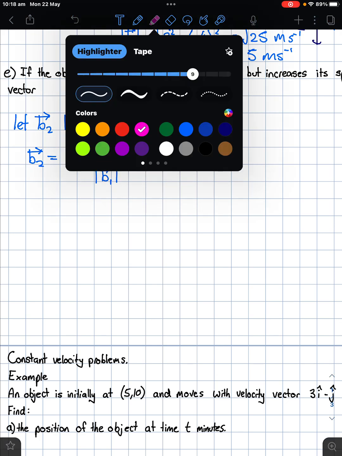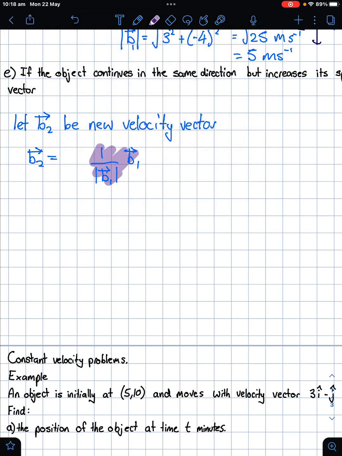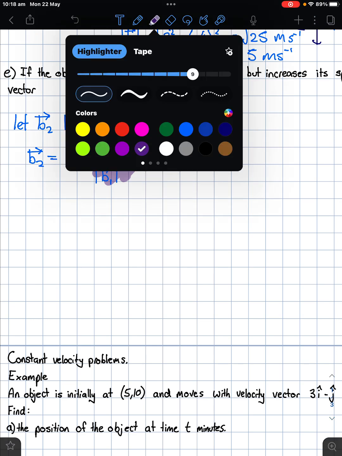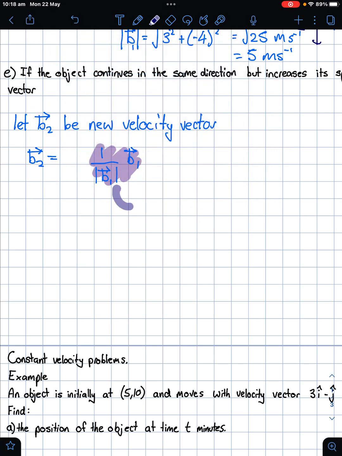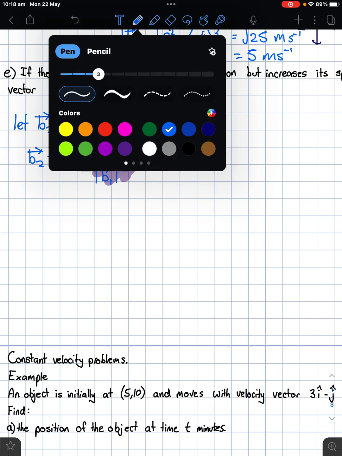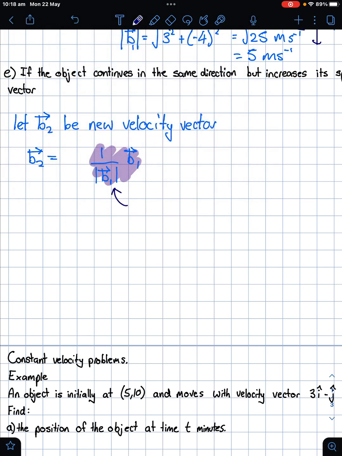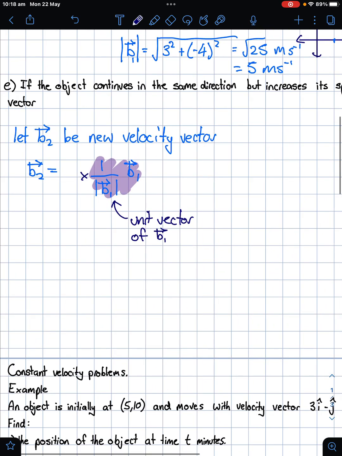So let's change colour. This bit here is giving me the unit vector of B1, and then we're going to times that by 30, which we'll highlight with maybe a bright yellow.